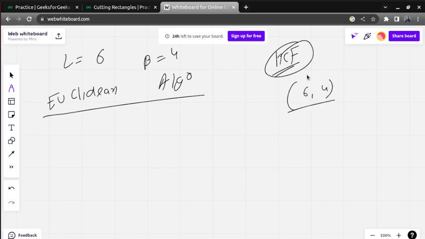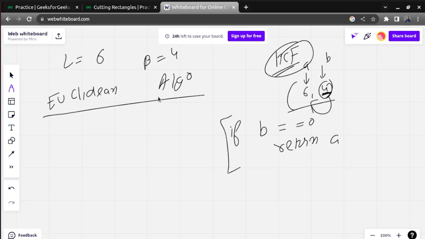Let's say this is A and this is B. We need to make B 0, and if B is 0, the solution will be A. So we will write: if B equals 0, directly return A. This is the main logic of this problem. We need to make one element 0, and once one element becomes 0, we return the other one. This is the base condition of Euclid's algorithm.